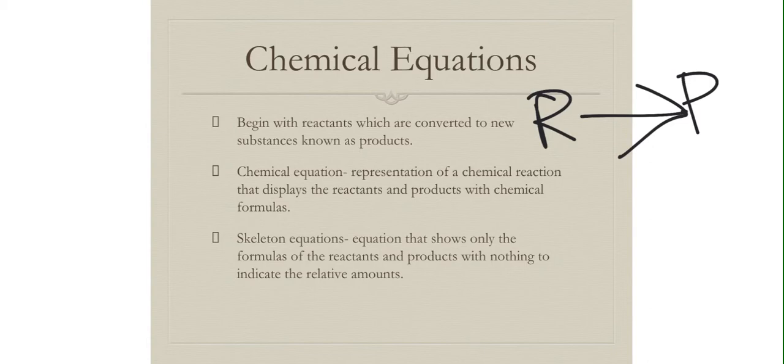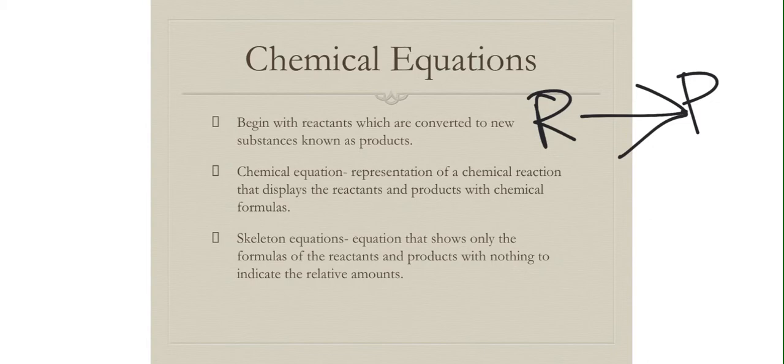So I forgot to even describe skeleton equations. My bad. Skeleton equations are equations that show only the formulas of the reactants and products with nothing to indicate the relative amounts. So besides the subscripts, we don't really know if it's balanced. We don't know if it's a gas or a liquid or a solid at room temperature or whatever temperature we're looking at. So we have to add just a little bit more to our skeleton equation.